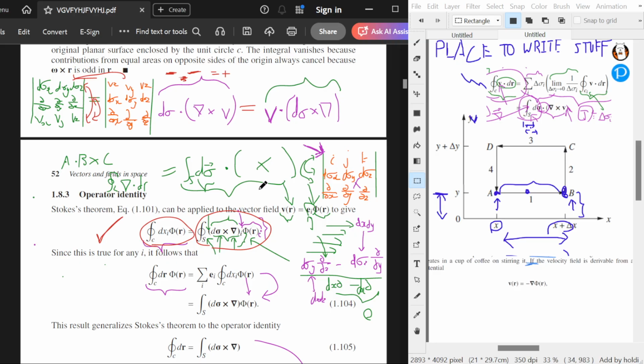I'm just gonna pretend we're dealing with this. We have this. Stokes' theorem says that phi.dr, this thing here, is nabla.dr.